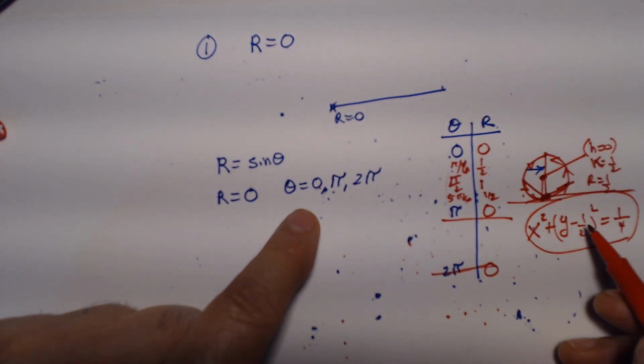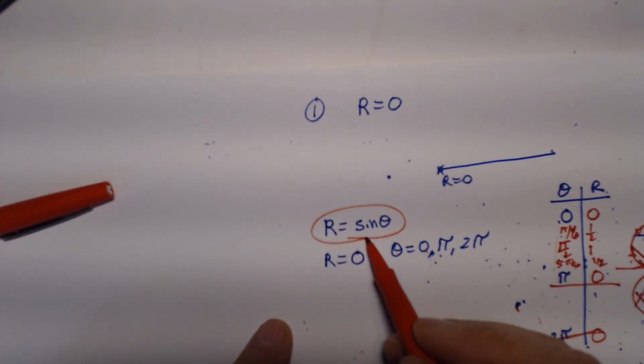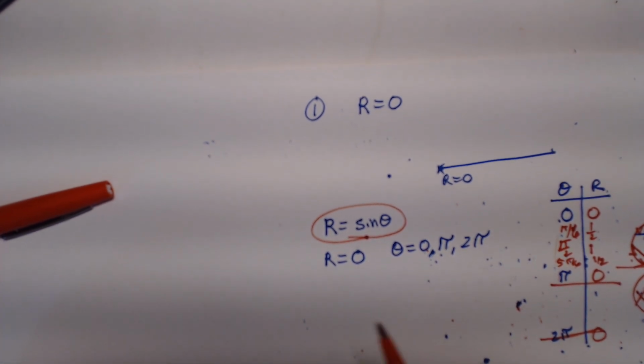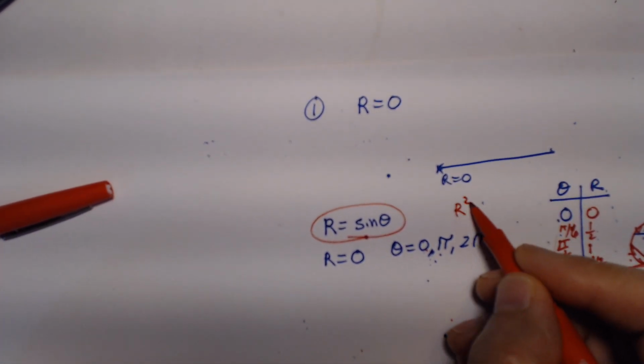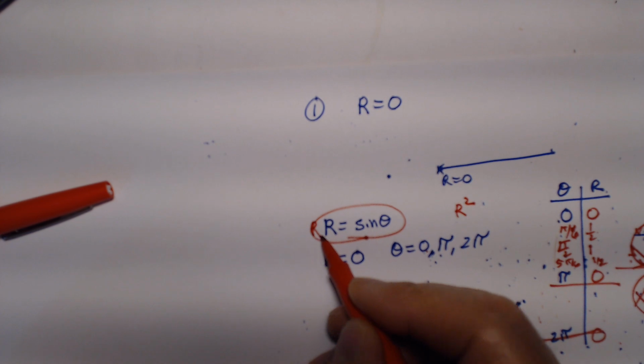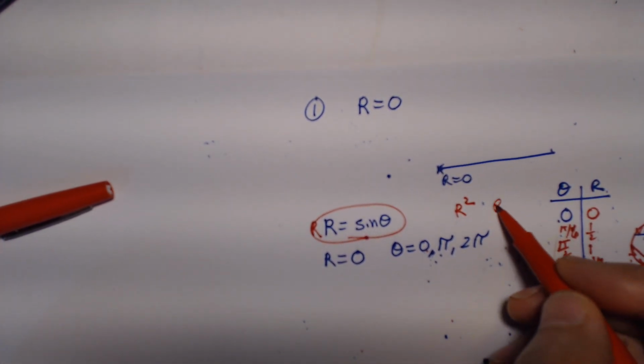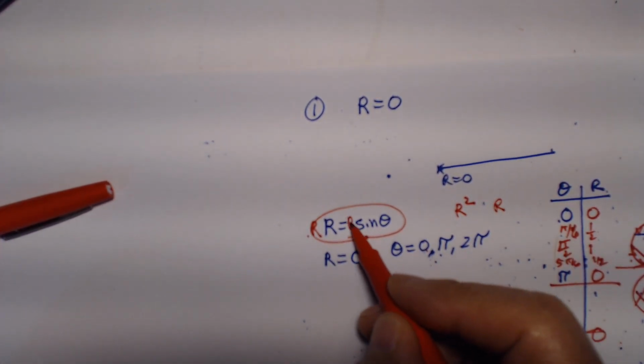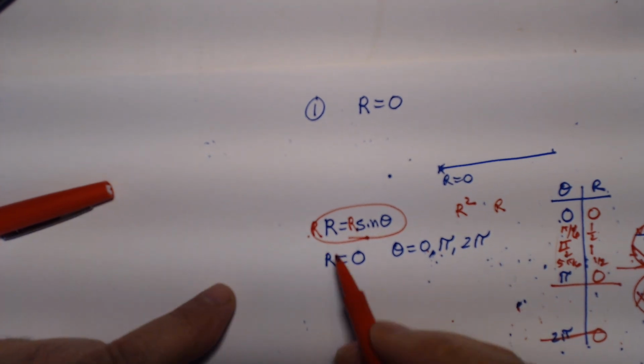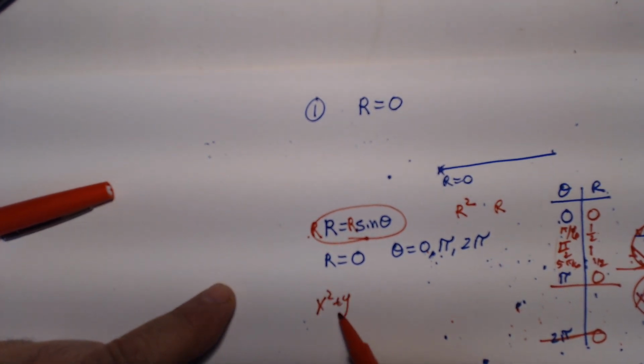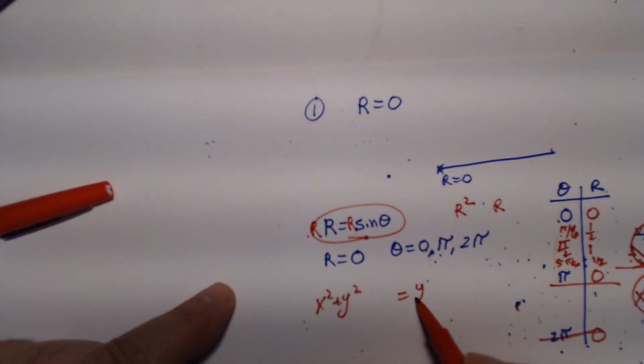Somebody said, how can I get that from this? I said, remember, in order to change it to Cartesian, you need r squared. I don't have r squared, so I multiply by r. I need r sine theta, because I multiply by r, and that becomes x squared plus y squared equal to y.